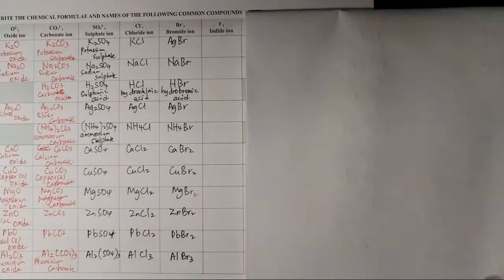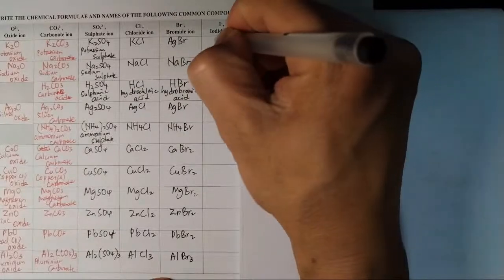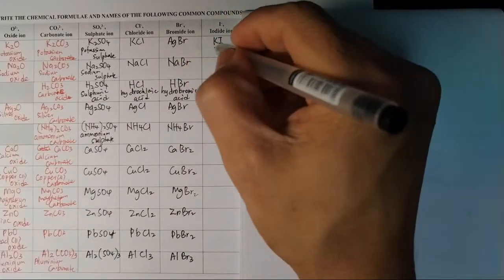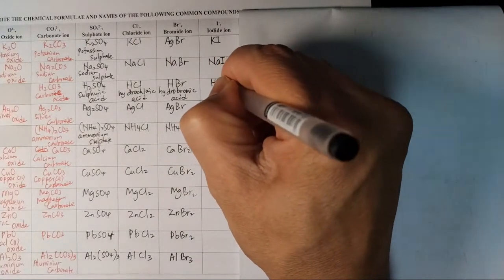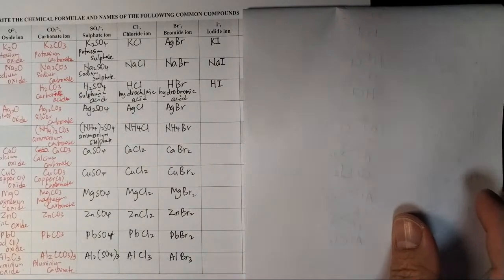Okay, next iodide. Okay, potassium iodide, sodium iodide. These are HI. Okay, try to predict again. What is the name for this? Acid. Again, acid again.